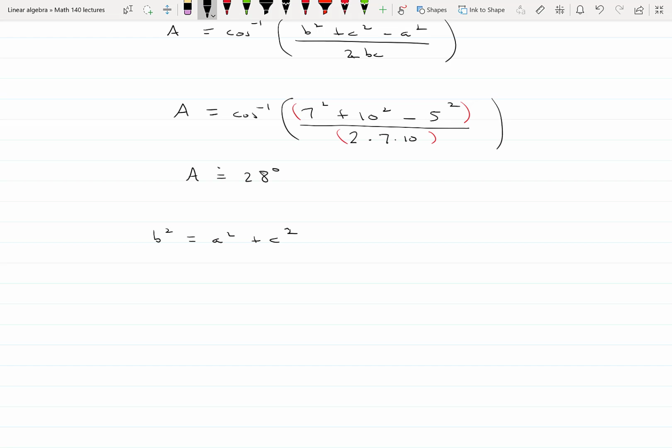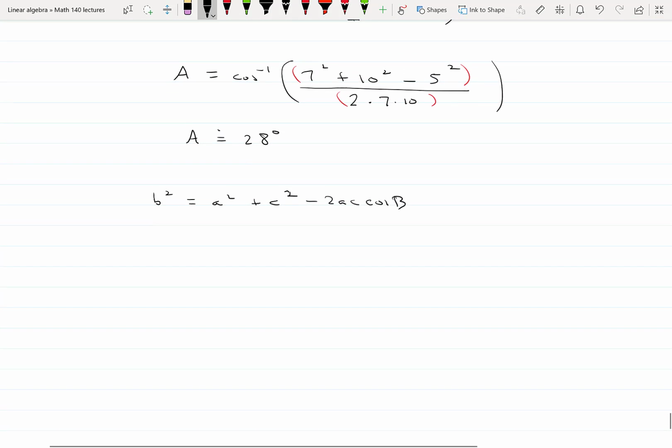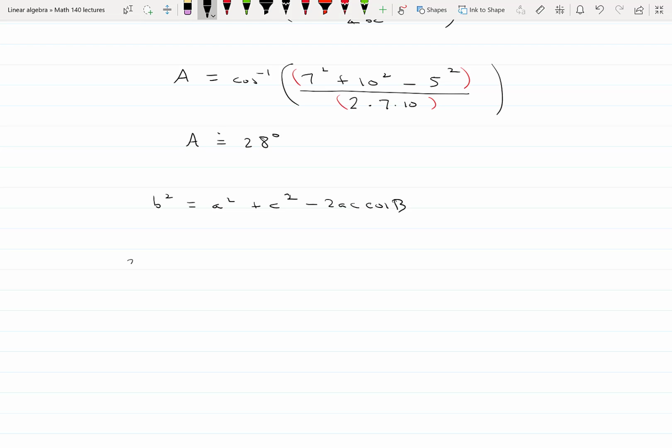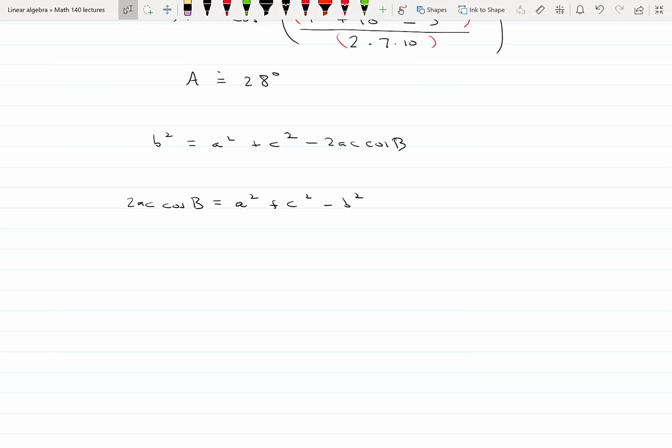So b squared equals a squared plus c squared minus 2 times a times c times cosine of B. Use some algebra to solve for B. I'm going to add 2ac cosine of B to both sides, I'm going to have that a squared plus c squared on the right, and I'm going to subtract small b squared to try to isolate capital B. I'm going to divide by 2 times a times c.